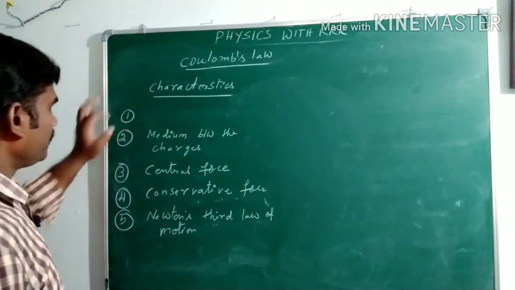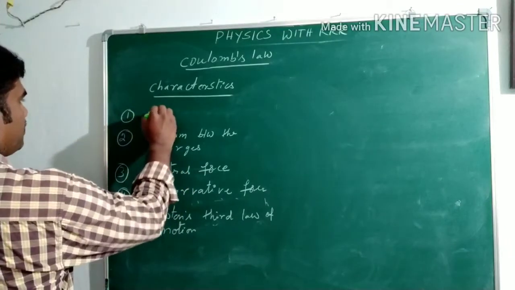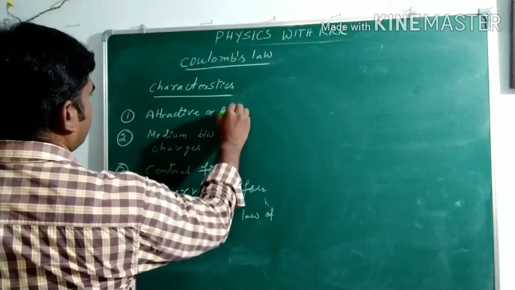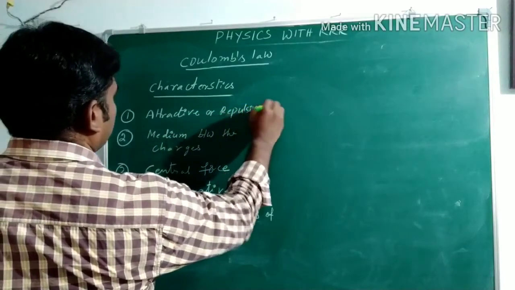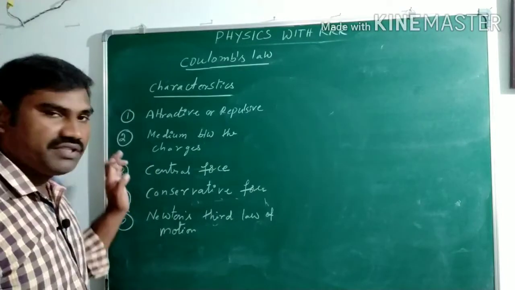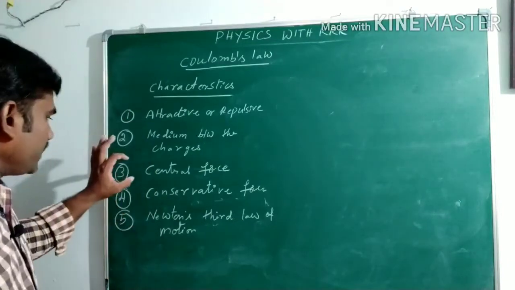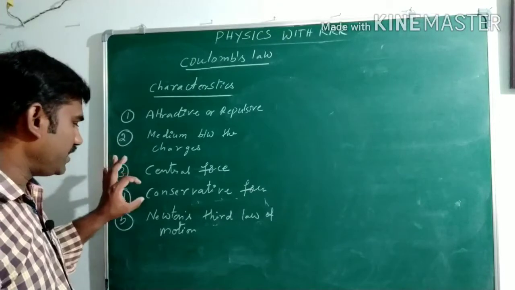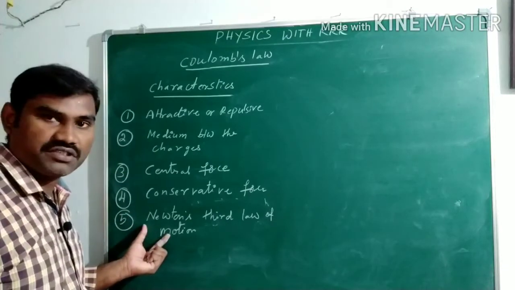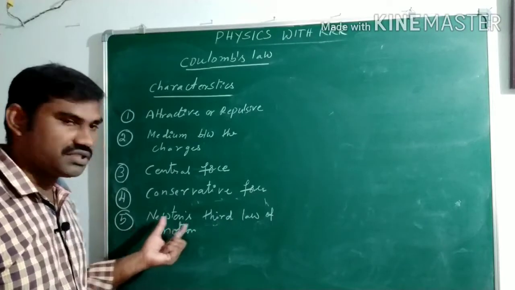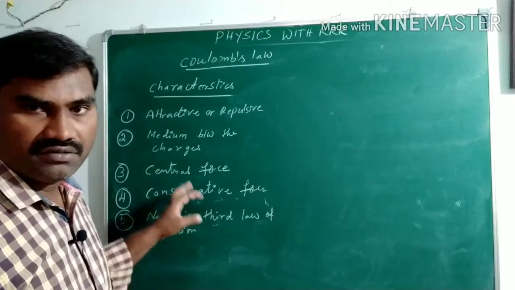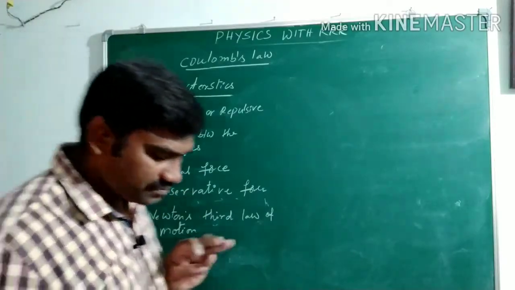So electrostatic force is either an attractive or repulsive force. It depends on the medium between the charges. It is a central force. It is a conservative force, and it obeys Newton's third law of motion. So these are the main characteristics of electrostatic force.